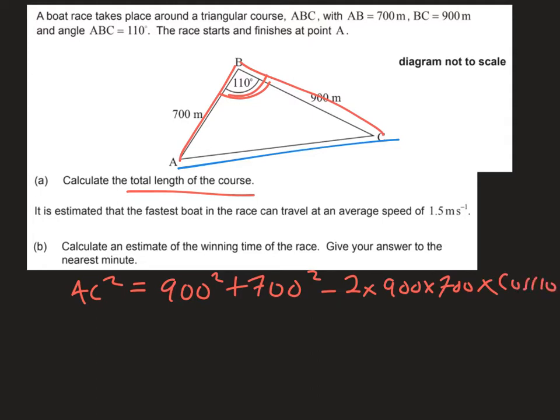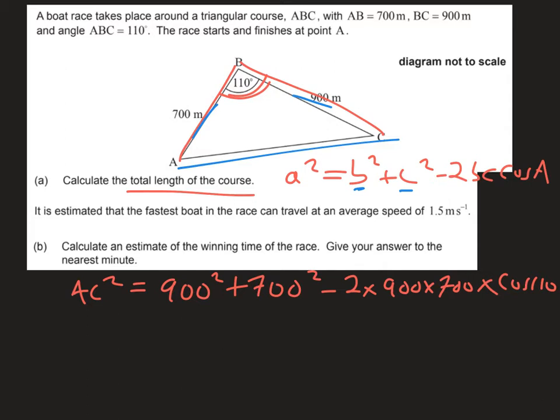So that's just the standard formula for the cosine rule. A squared equals B squared plus C squared minus 2BC cos A, where B and C are the two parallel sides, and large A is the angle in between them.